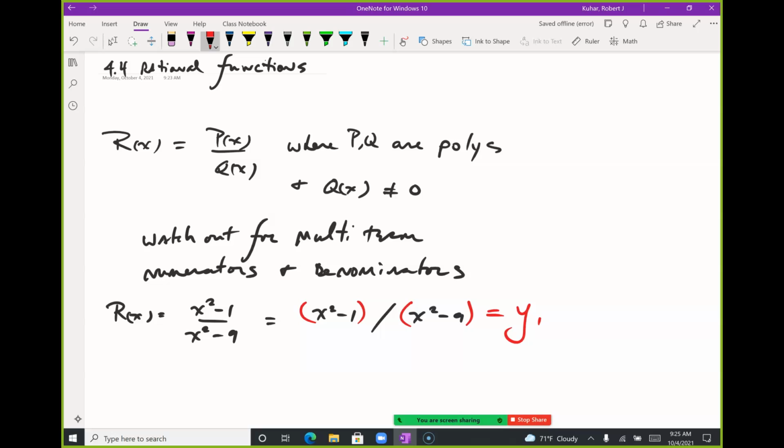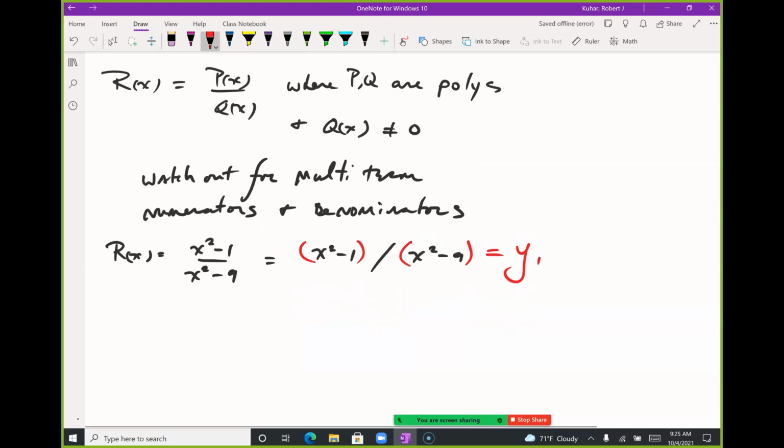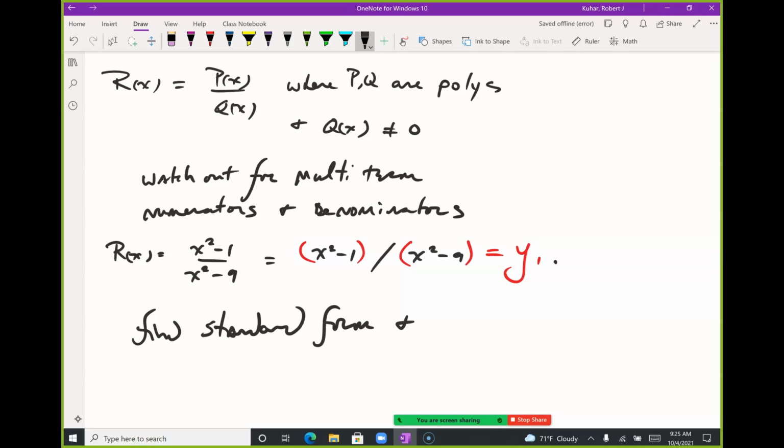And then of course we want to be thinking about the standard form and the factored form. Standard form would be my polynomial upstairs expanded, and downstairs same thing.